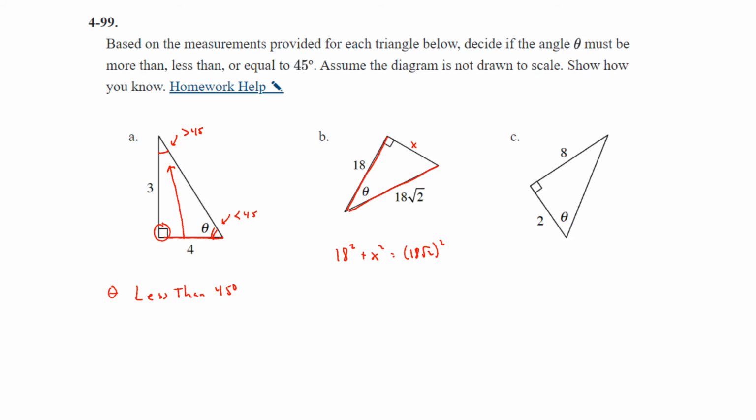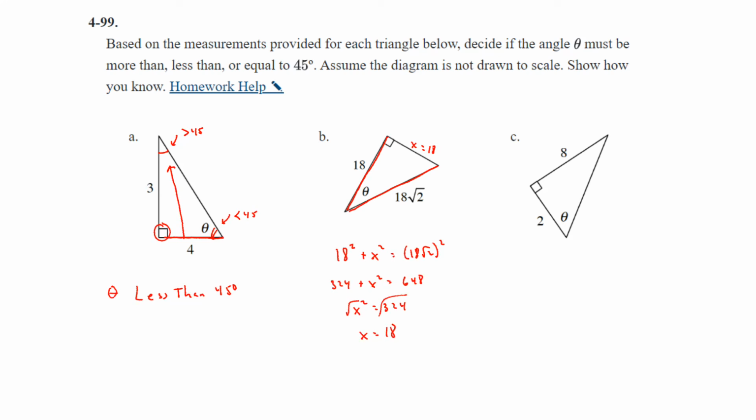Whoops, 324 plus x squared, and then when you square 18 root 2, you get 648. When you subtract 324 from 648, you get 324. So when you take the square root of both sides, you get x equals 18.